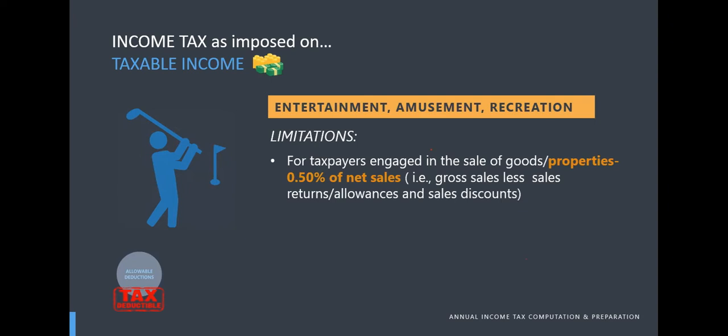This 5,000 should not be deducted for tax purposes. So if the taxpayer has 100,000 representation expenses, then this 5,000 should be deducted from the 100,000. Thus, the representation expense must be equivalent only to 95,000. This 95,000 is the allowed deduction for tax purposes.